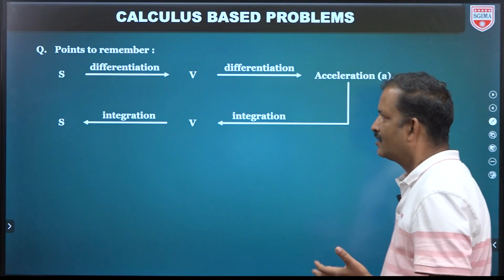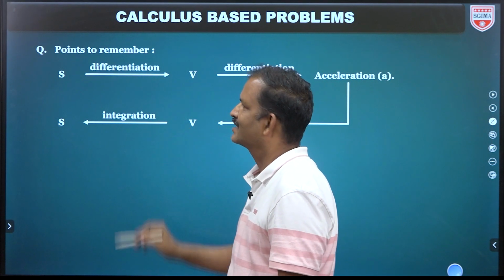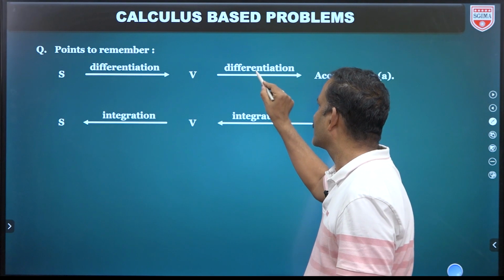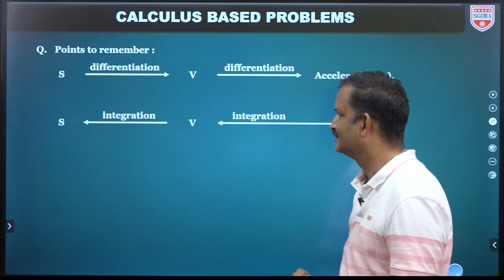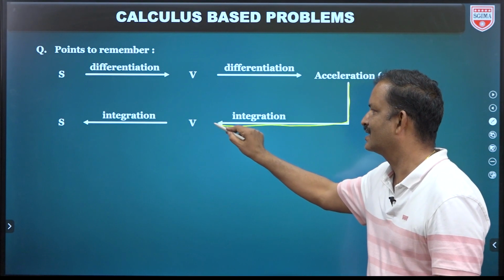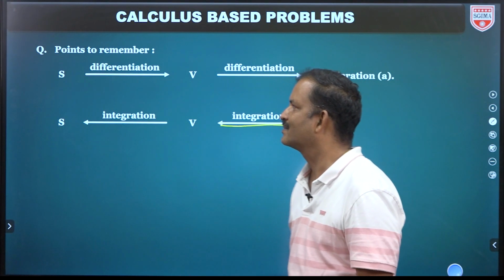Writing displacement to get velocity: differentiation. Velocity differentiation gives acceleration. Acceleration integration gives velocity. Velocity integration is displacement.